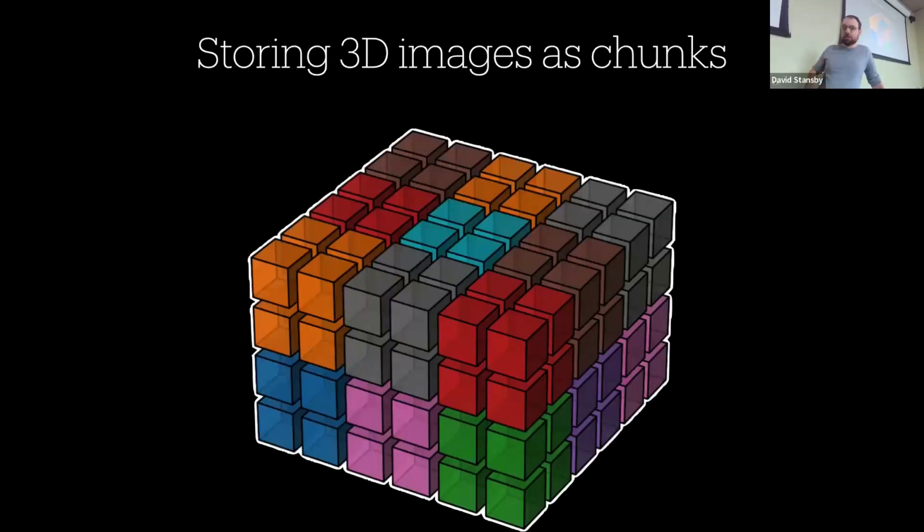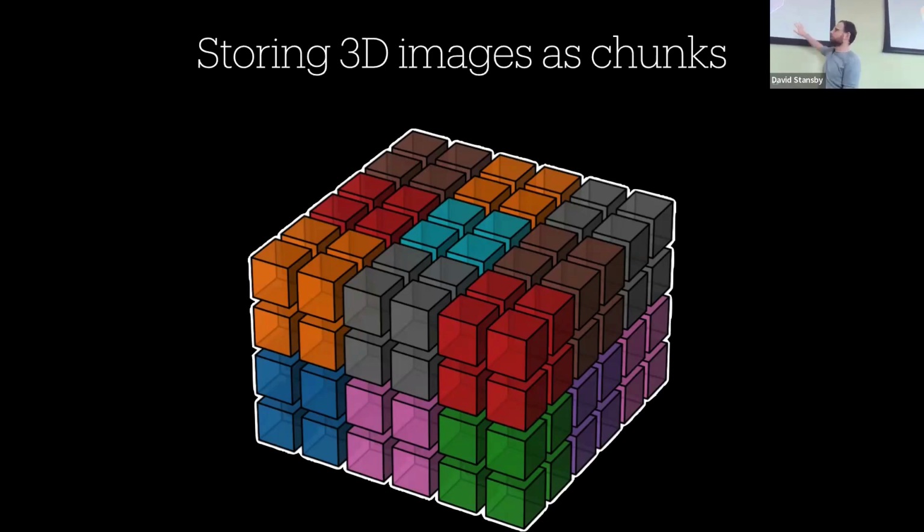The solution, and really the central take-home message of my talk, is to store your images in chunks. So instead of breaking up your array slice by slice and saving each of those slices as a single file, you break up your array into chunks.